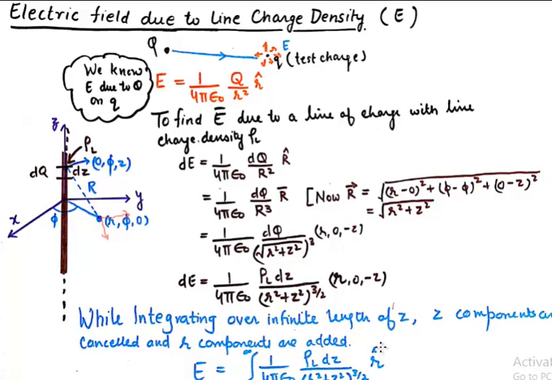So what we are left with is the component in r direction only. So that is one important conclusion, that it is radial. The electric field vector, because of this line charge, is felt radially.